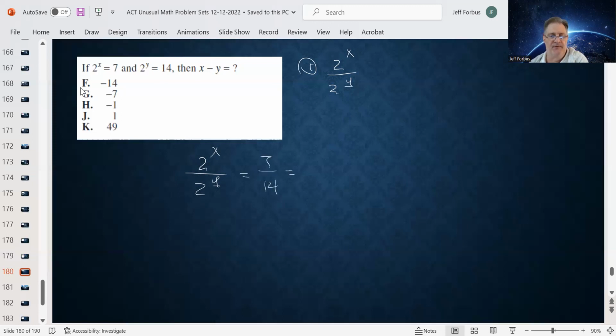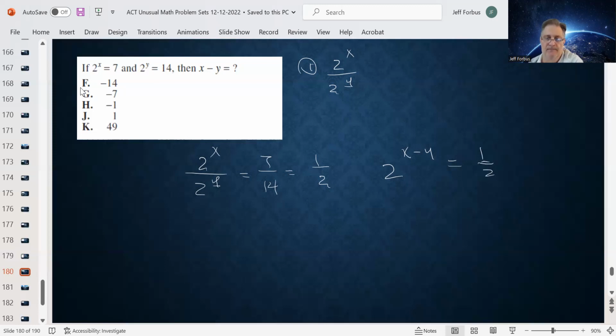Well, notice you can reduce 7 over 14 to 1/2. So we know 2 raised to the x power divided by 2 raised to the y power is equal to 1/2. Therefore, we can say that 2 raised to the x minus y is equal to 1/2.